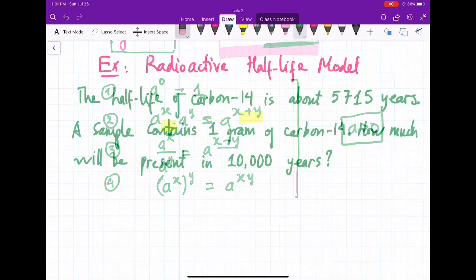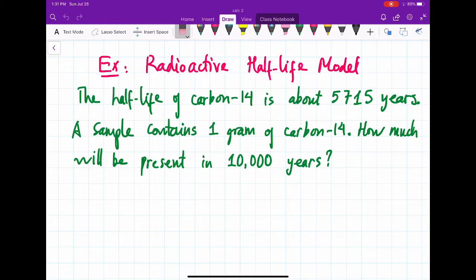Okay? Let's consider the following application of exponential functions. Radioactive half-life model. The half-life of carbon-14 is about 5,715 years.